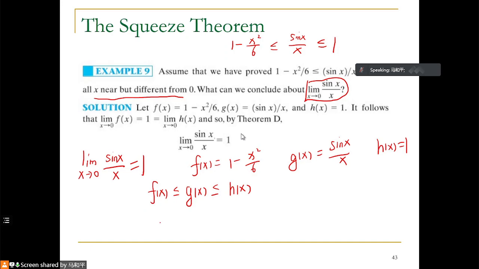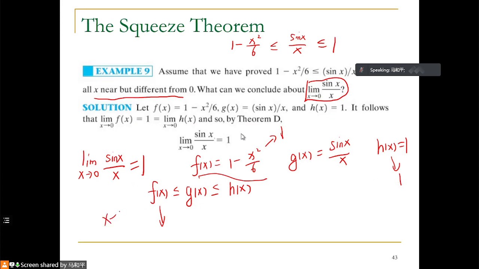Now, x is near 0 here. We know f(x) is 1 minus x squared over 6, so f(x) is near 1. And h(x), because this is a constant function, is always near 1.